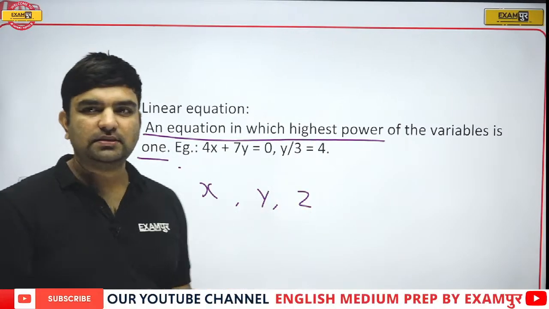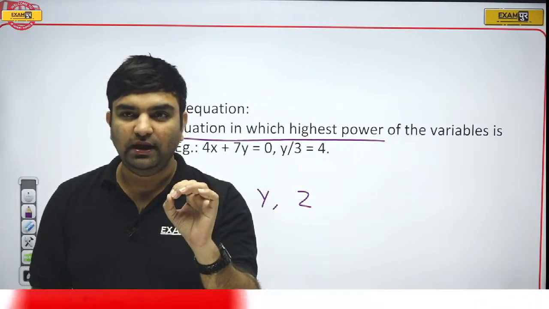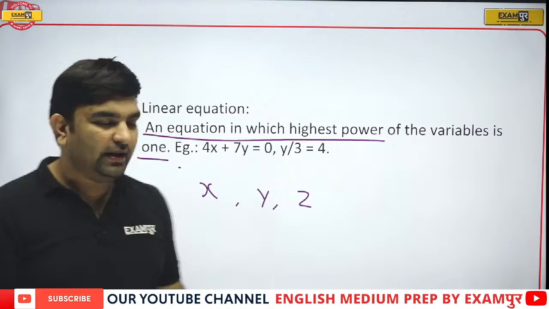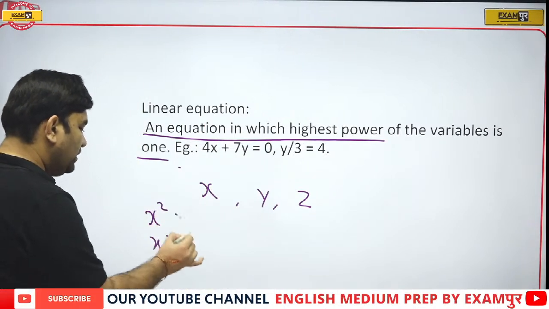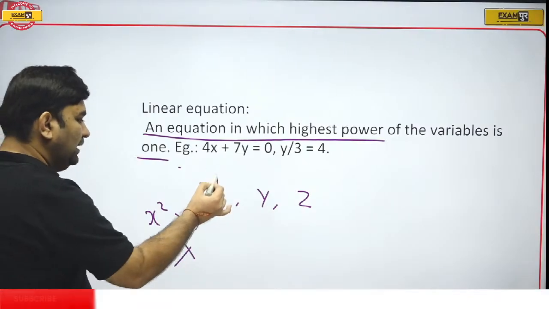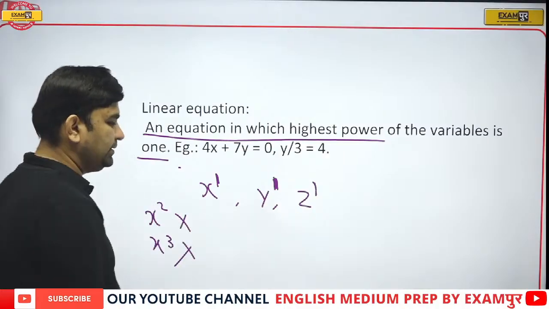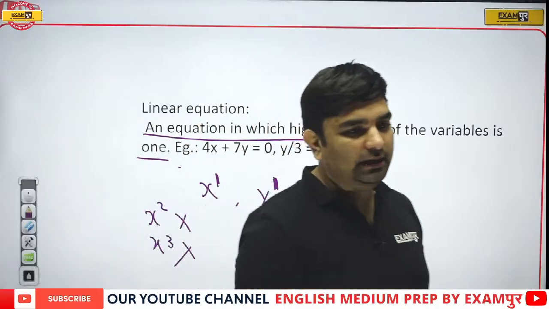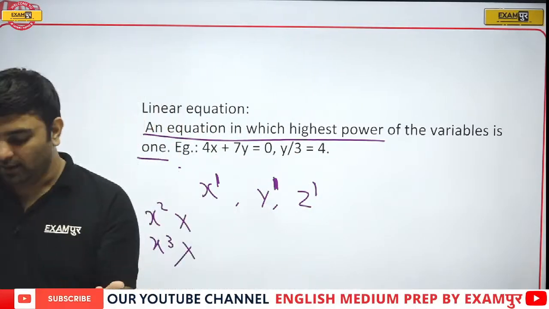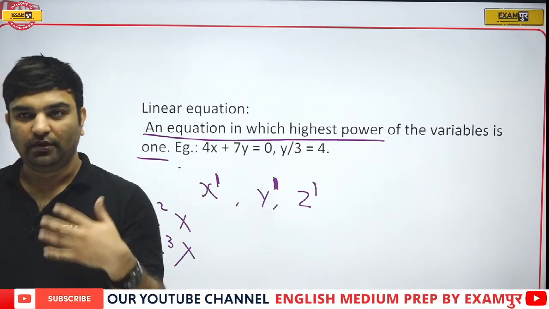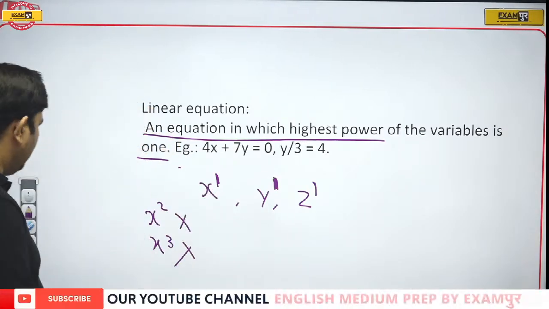Their highest power is 1, which means x square or x cube cannot come. Only if the highest power of the variable is 1 is it a linear equation.